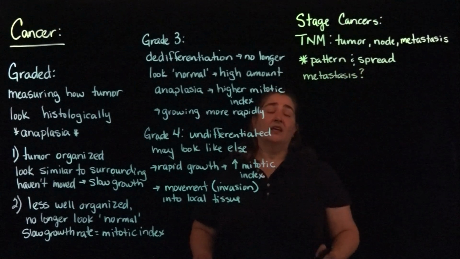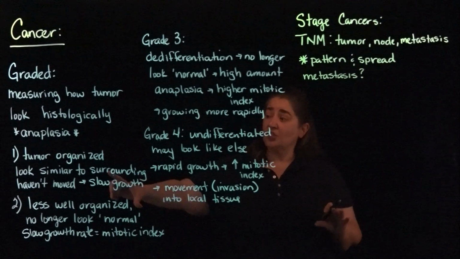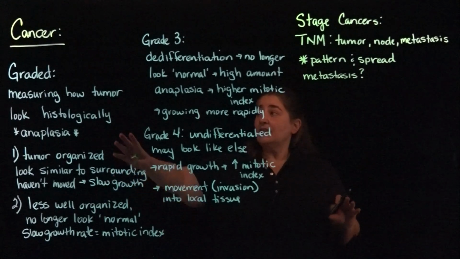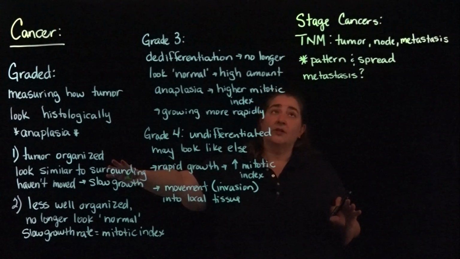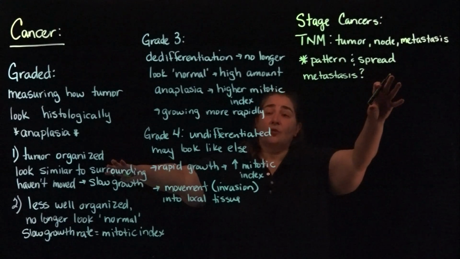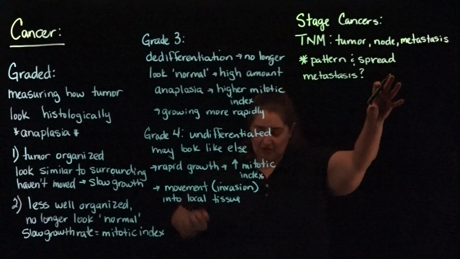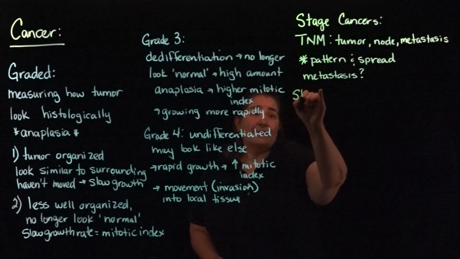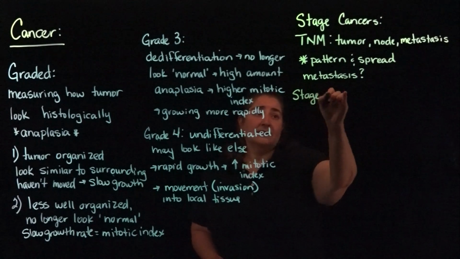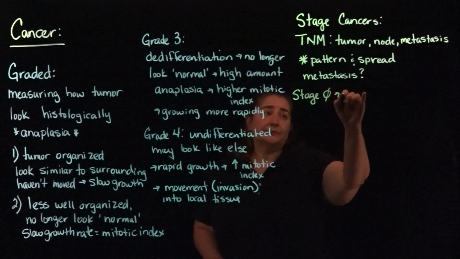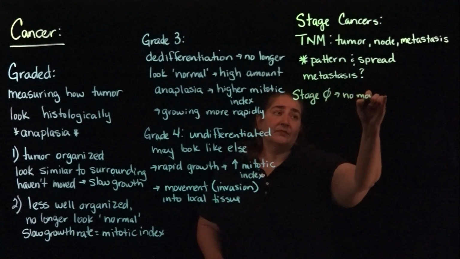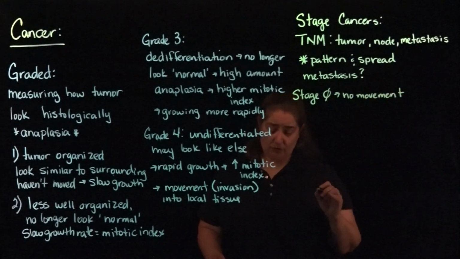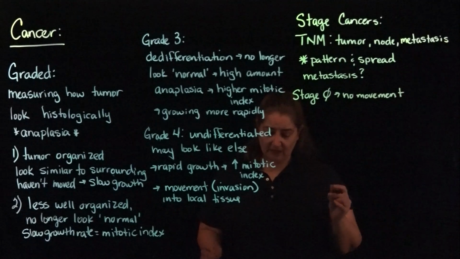All right? And it kind of goes in conjunction with grading of the tumors. All right? Typically, if you've got a grade 1 tumor, you don't have it moving into tissues yet. Okay? So that would be stage 0. You've got no movement associated with those tumor cells. Okay?